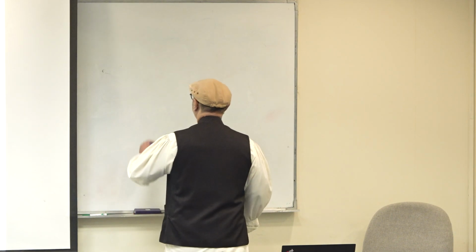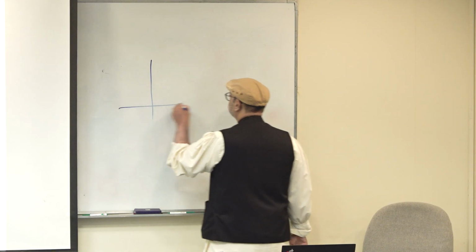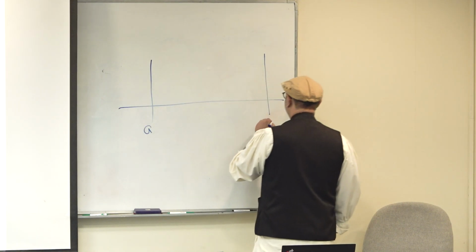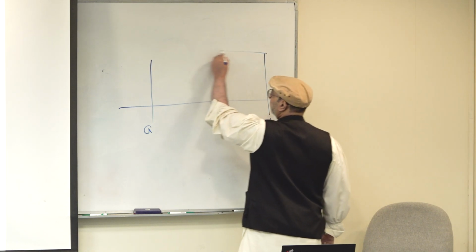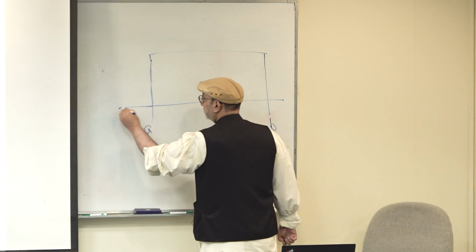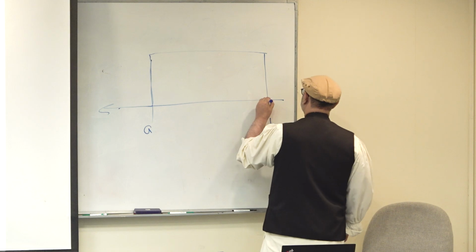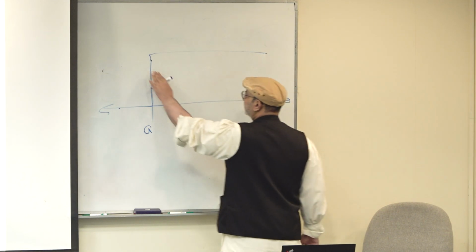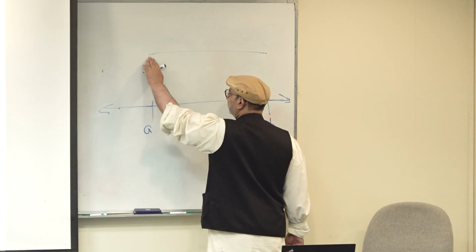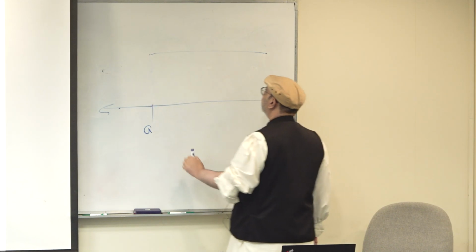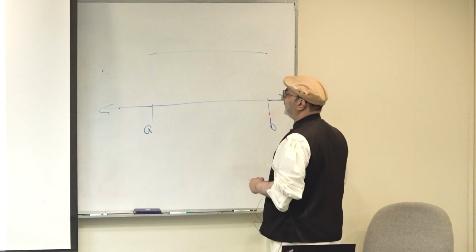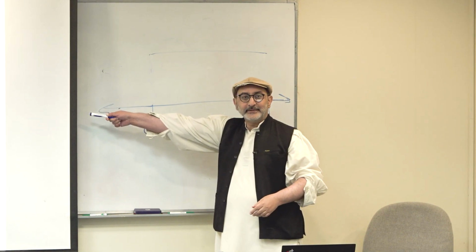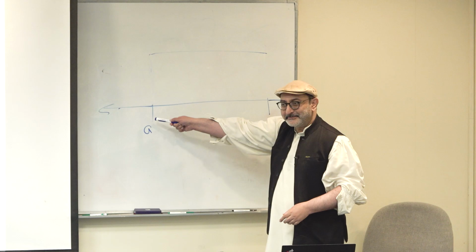Okay, so if I looked at the graph of this, here's A, here's B. I suppose I shouldn't have these actually. Okay. So all the way from minus infinity to A, it's 0.